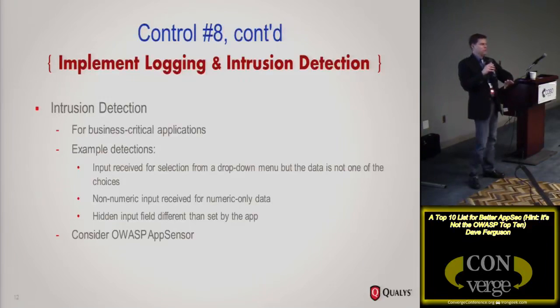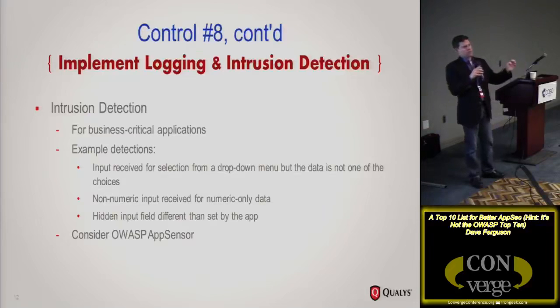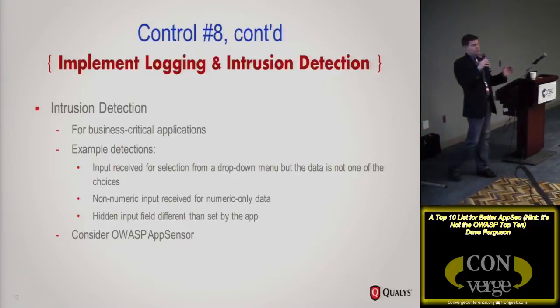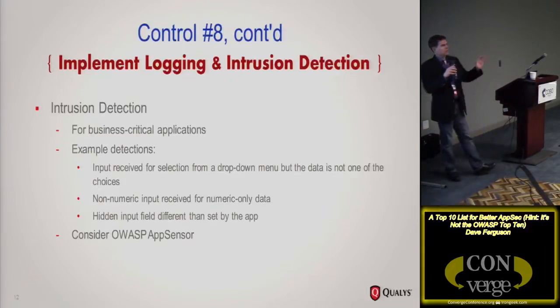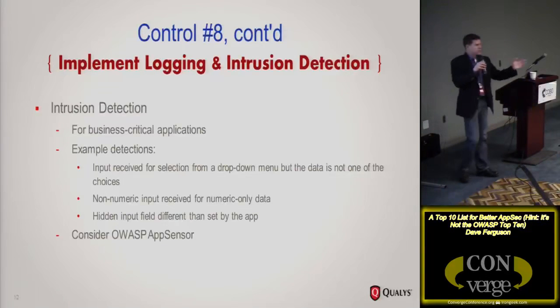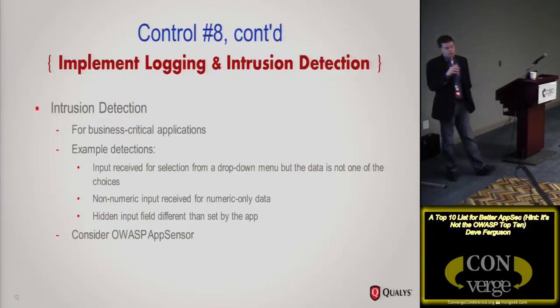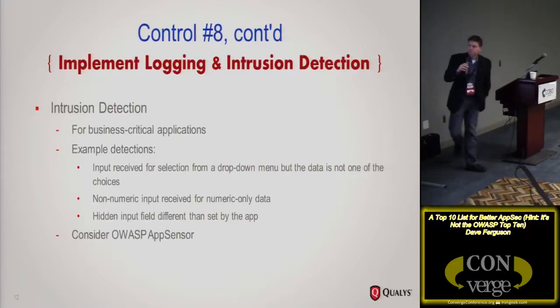Again, for a normal user, those values would never change. Whatever the value is, it's going to come into the server that way. But if the values start coming in differently, even if it's not SQL injection attack strings, maybe just regular data that was different than set by the application, that's another clue that you could be under attack.